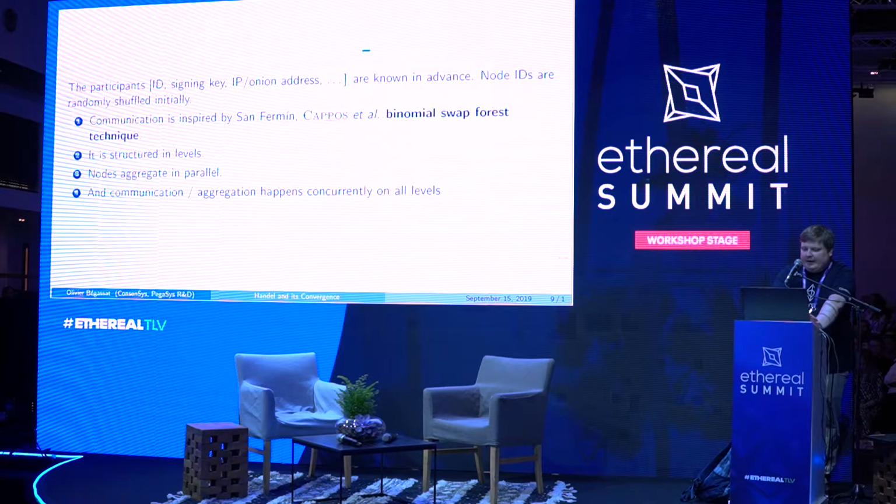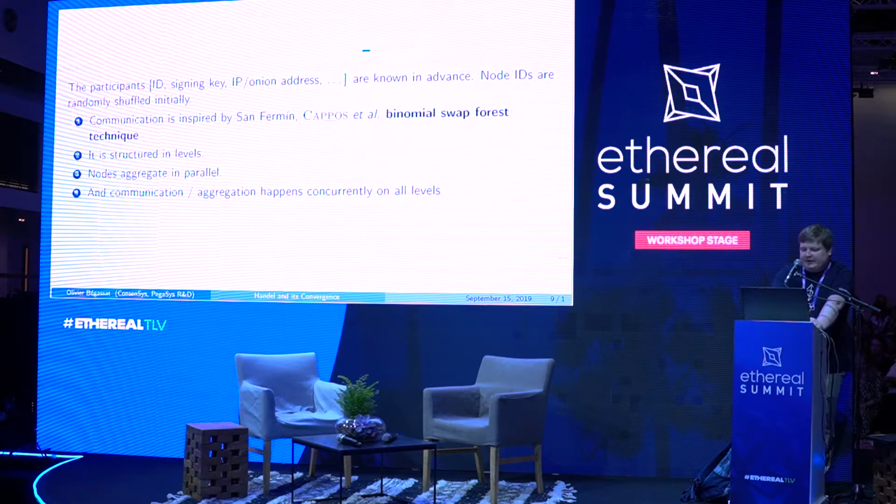And in this network, which will be the Handel network, the nodes are known in advance. They have an identifier. They may have a signing key and a way to reach them, which might be an IP address or a Tor address. And quite importantly, actually, for the analysis, the nodes are initially randomly shuffled.